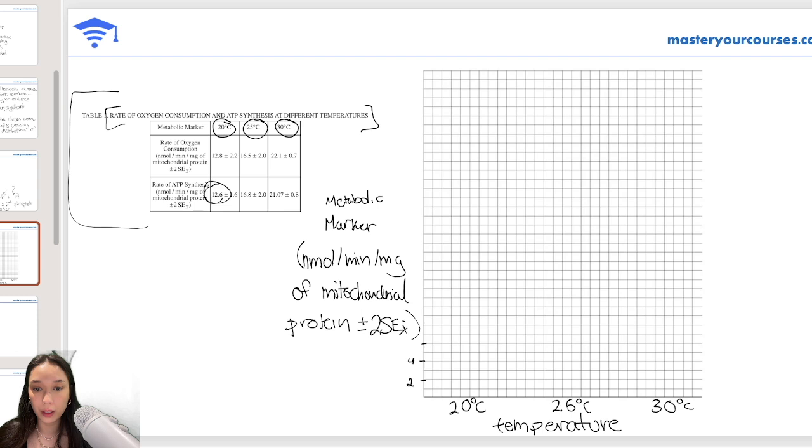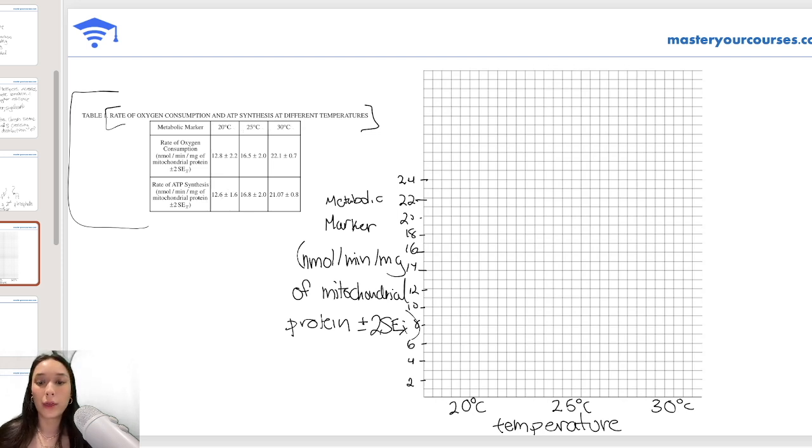So 2, 4, 6, 8, 10. And then our highest number here is 22.1, so I'd probably just go up to 24. You can do it all the way to the top. It's not completely necessary.